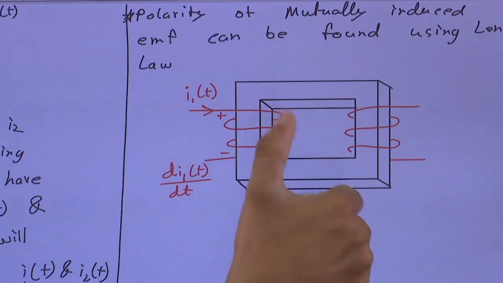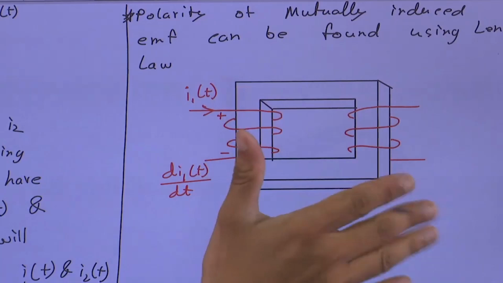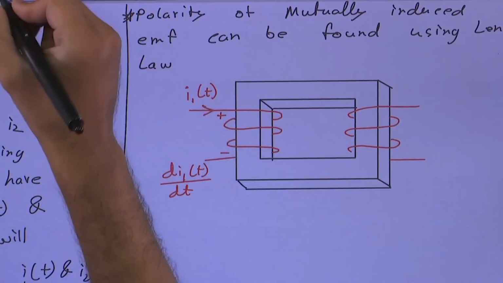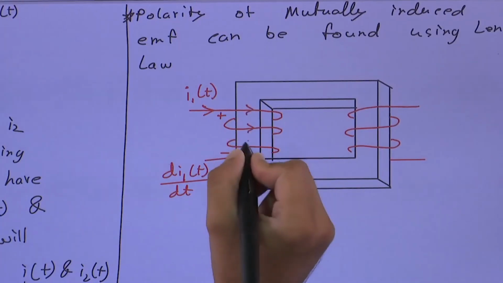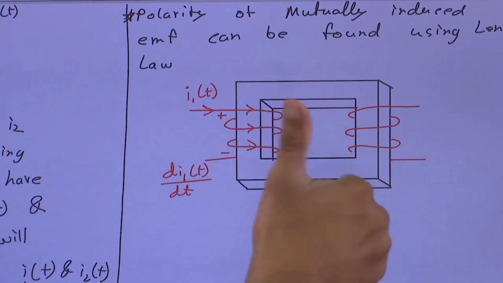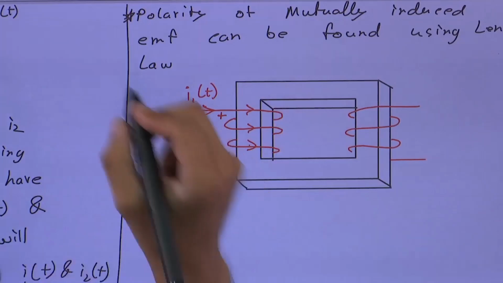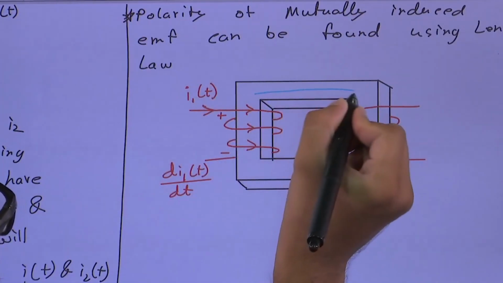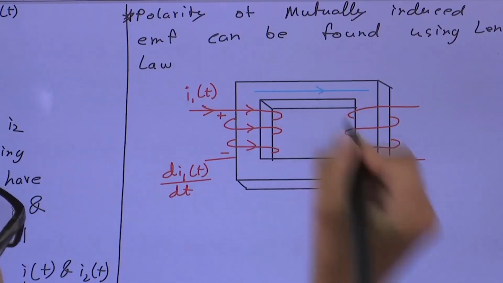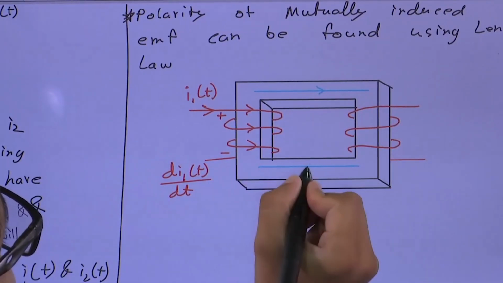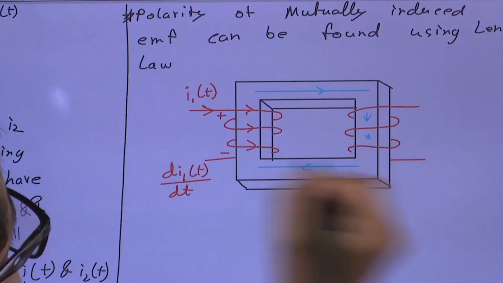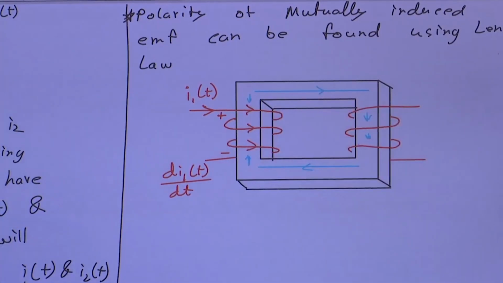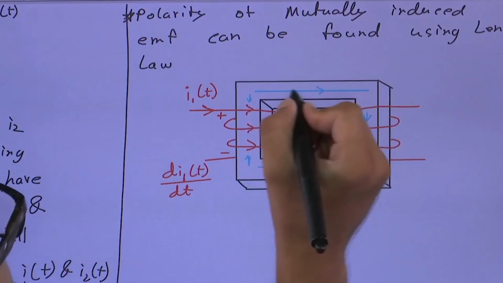This is the direction of the current, and therefore this is the direction of the flux, call it phi, and this flux is increasing.